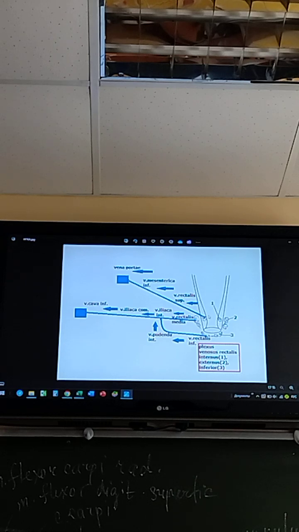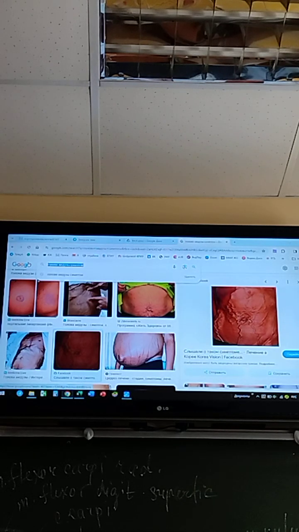First is the dilatation of the internal, second the external, and last the inferior, the terminal stage of the development of cirrhosis. I will show the varicose dilatation of the hemorrhoidal plexuses.